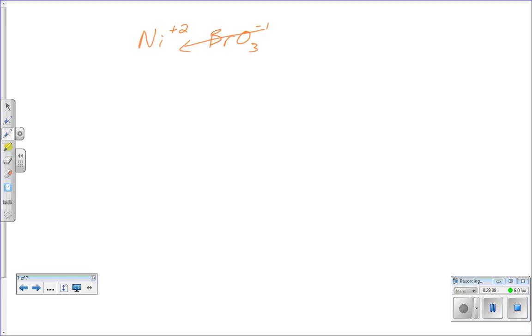If we did the crisscross method, we would have one nickel. And since we have to have two of these BrO3s, these bromates, you have to put the formula in parentheses, and then put the two outside of the parentheses, like that. Okay?